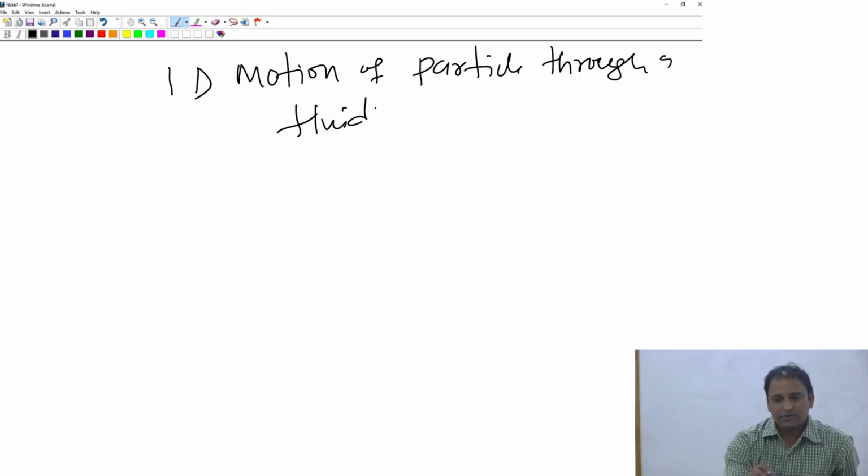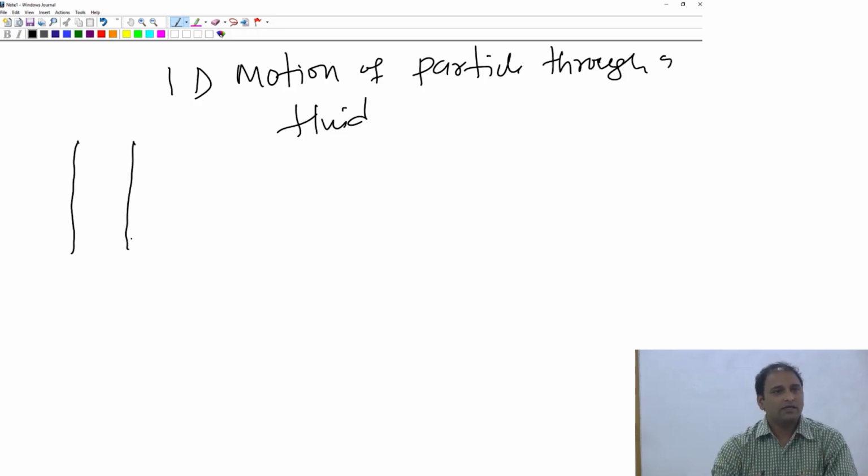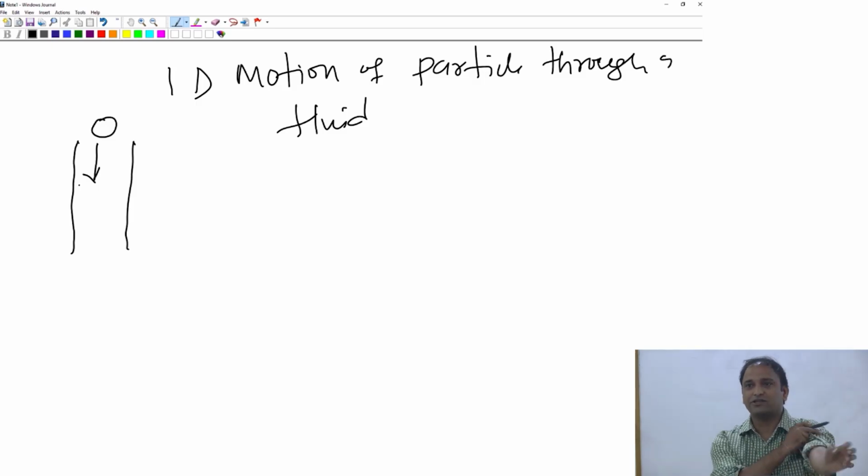As we discussed, take a column of liquid that is stagnant, and a particle moving under the influence of an external force. We set up a working equation, and it looked something like this.